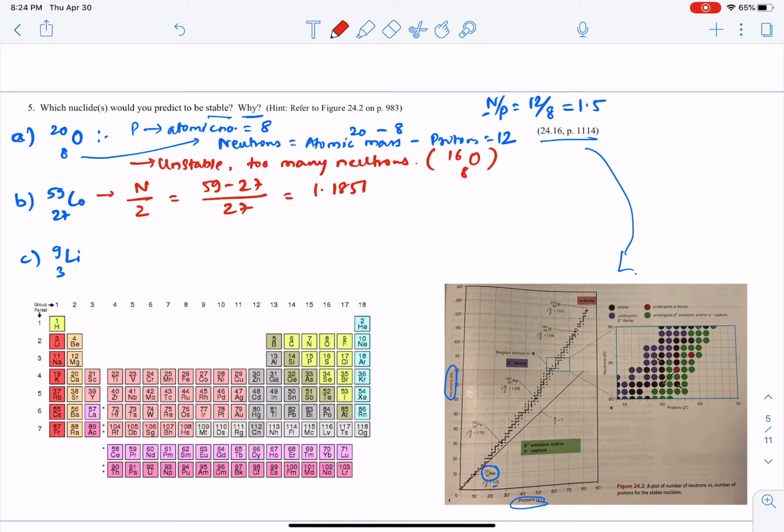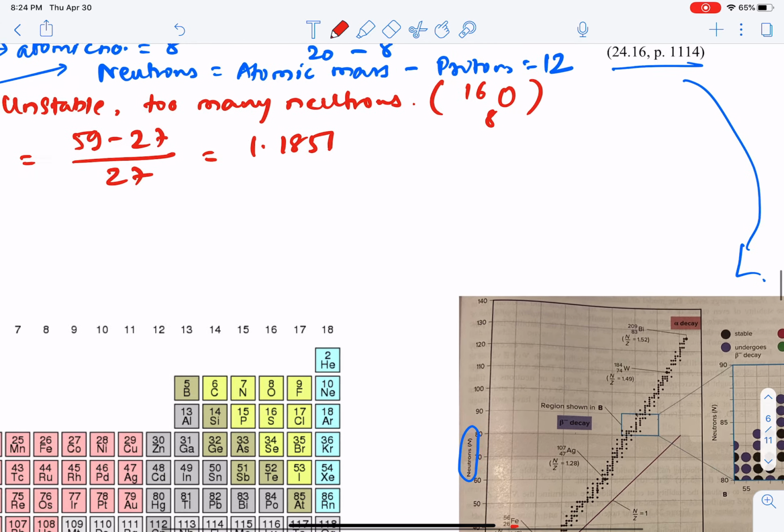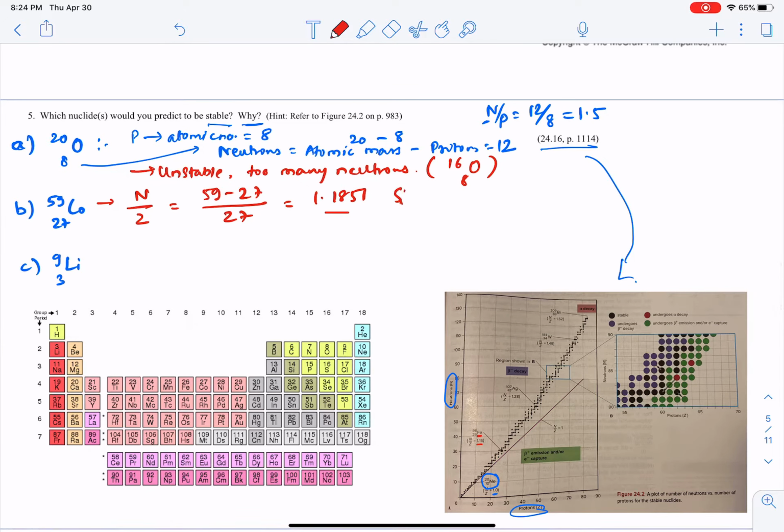If you see Fe, it's 56 by 26, so cobalt is beyond Fe, and there N by Z is 1.15, so it will be close to this. The values here are also close to 1.15, so we can say it's stable. If you check the atomic mass of cobalt, it's very close to 59, so we can say it's stable.